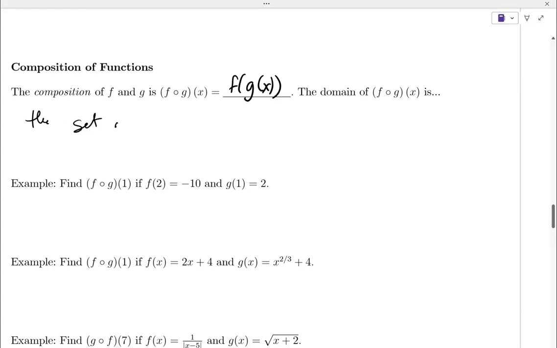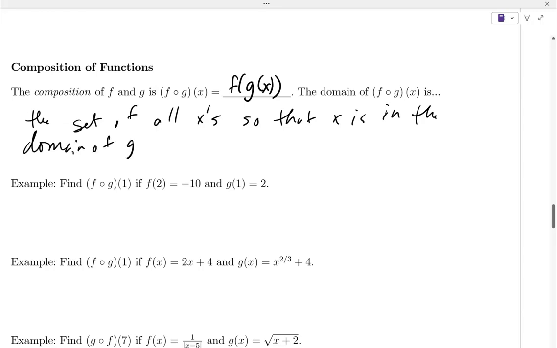So this will be the set of all X's so that X is in the domain of G. But once we plug in X, the output comes for G of X. Where does that G of X need to be now? In the domain of F, right? So, and, we have an and part here. G of X is in the domain of F.